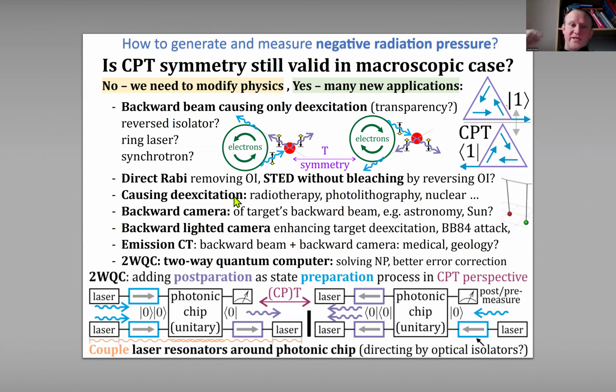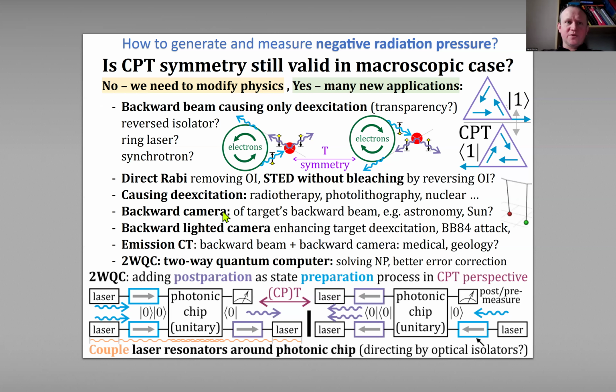So like STED, but maybe by pulling without bombarding with photons. For example, radiotherapy to starve tissue deep in the body, thanks to better transparency, maybe some nuclear transitions.